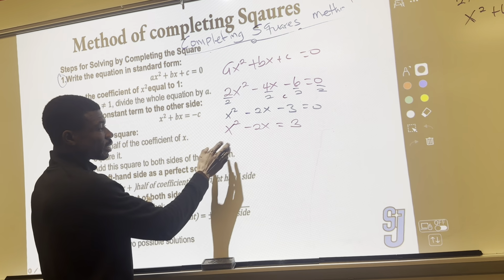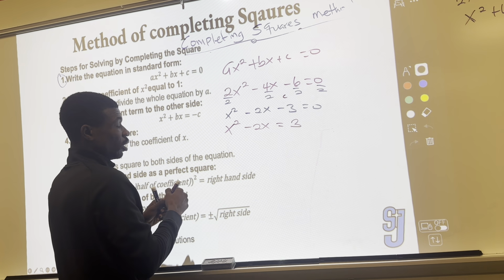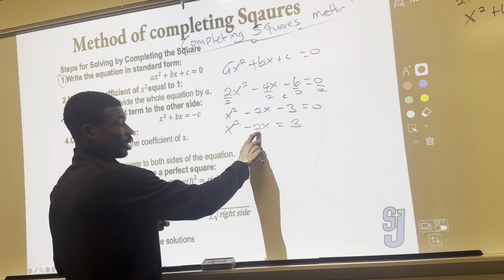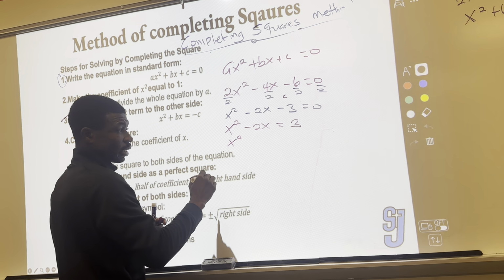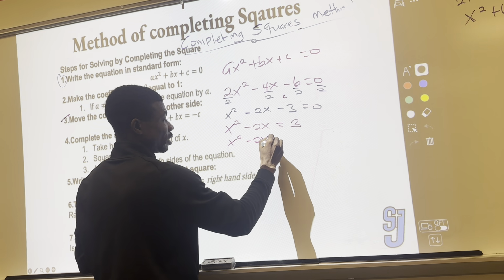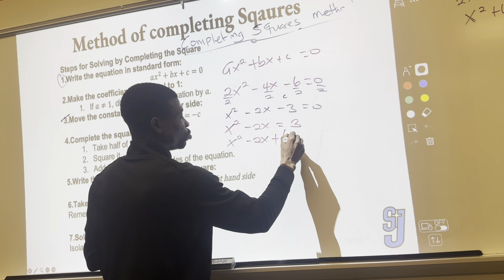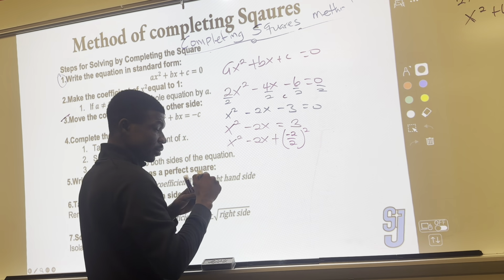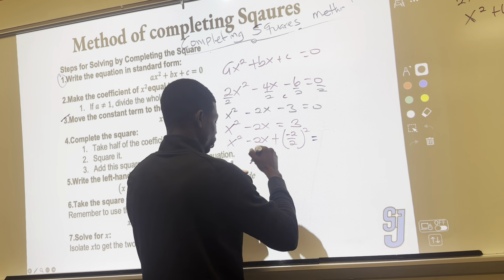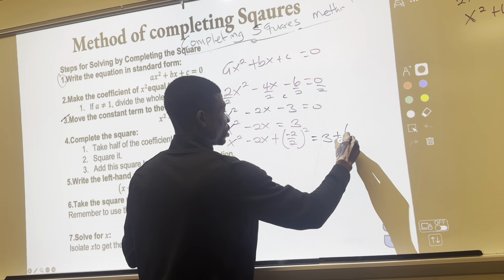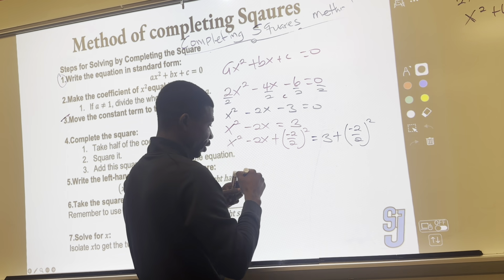Now, once I'm here, the next step says: take half of this and add it to both sides of the equation by squaring. So we have x squared minus 2x plus, the coefficient of x is minus 2, over 2 squared, equals 3 plus minus 2 over 2 squared.